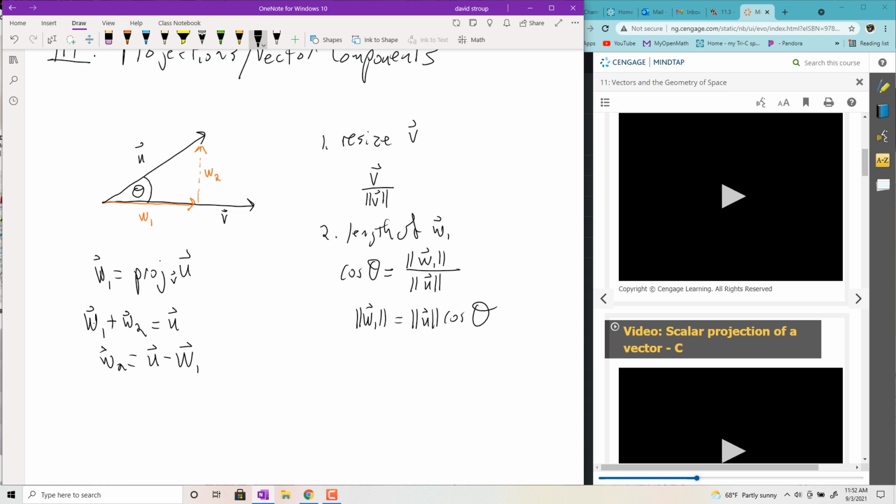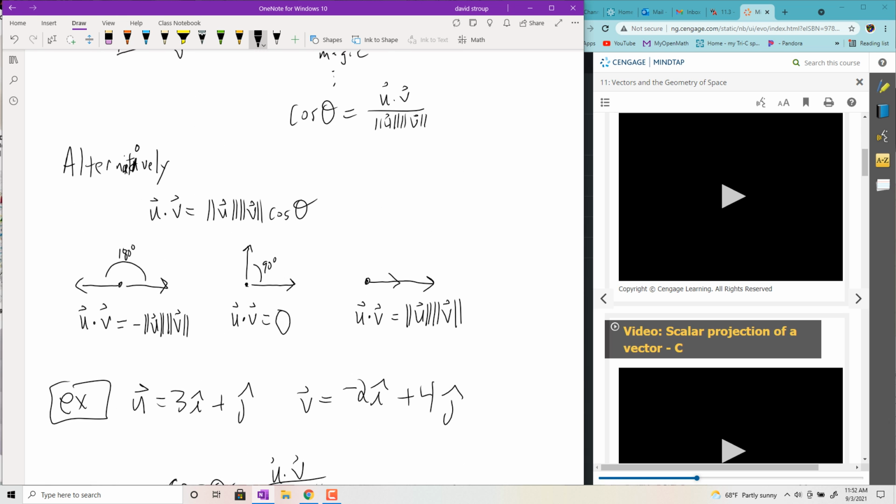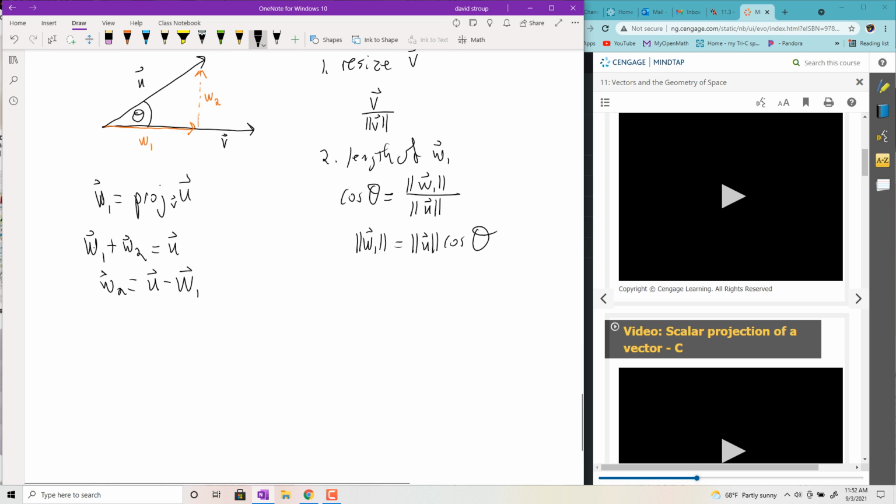And then you could use all of our cool dot product formulas to rewrite that as a dot product.